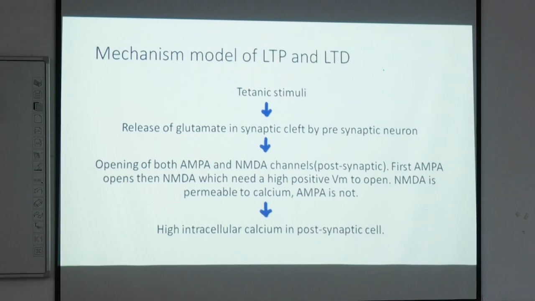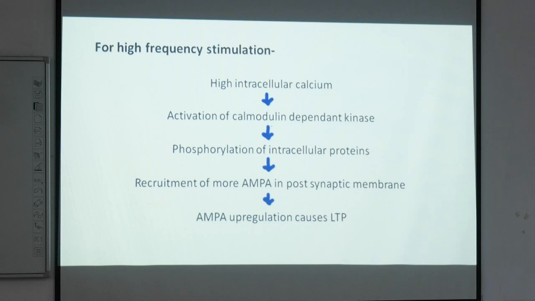Now, two different events can happen. High frequency stimulation leads to high intracellular calcium, and the main determining factor is the calcium concentration. When the calcium concentration is very high, the postsynaptic neuron responds in one way; when it is low to moderate, it reacts in a different way.